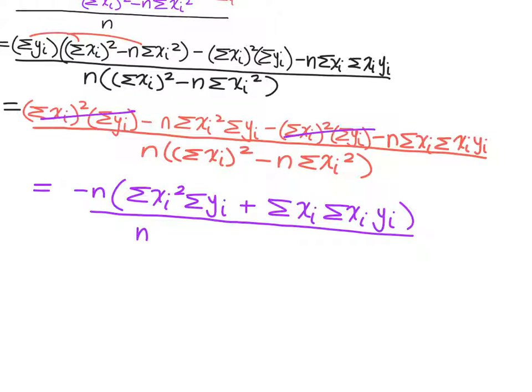The sum of x sub i. Yeah, but then we wouldn't have anything to cancel it with, so I just figure leave it there. All right, so the n's cancel. Still left with that negative there.